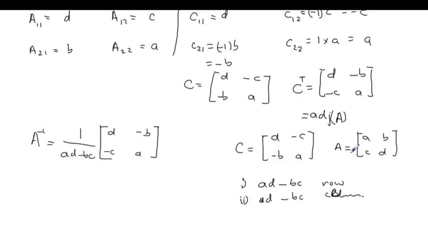I come here, I move along a row. That's situation number 3. And then I say minus BC plus AD, which is exactly the same thing as AD minus BC. That's another way of calculating a determinant. That's called calculating determinant using cofactors and minors.